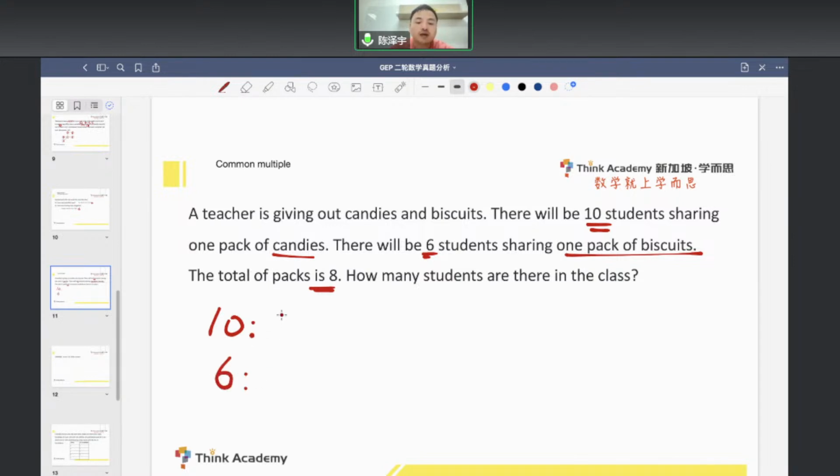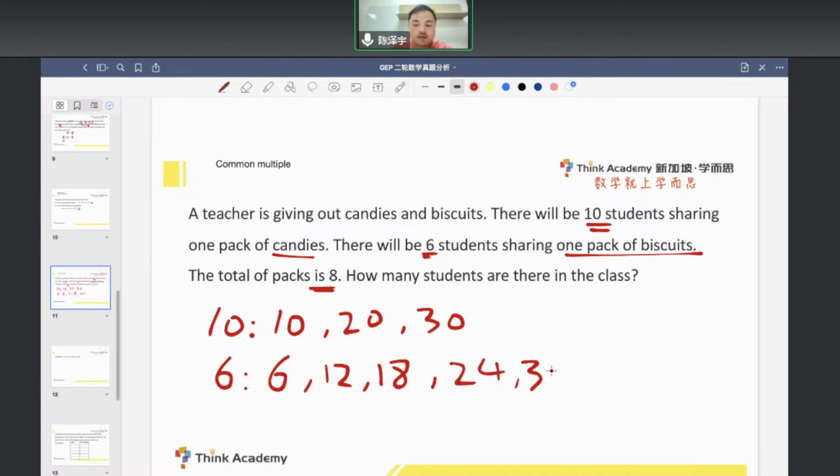For 10 we have 10, 20, 30. And for 6 we have 6, 12, 18, 24, 30, 36. As you can see, the common multiple for 10 and 6 is 30.